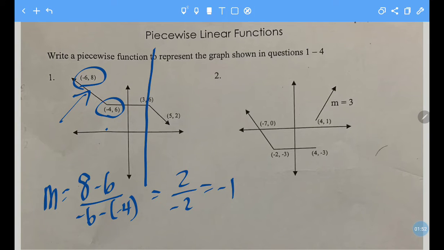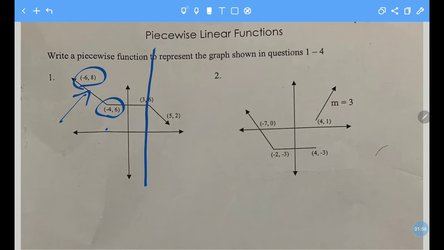I need some more room, so let me erase all this stuff. We have a slope of -1. Now I'm not sure what your favorite way to write a line is when you know the slope and a point. A lot of people like doing it this way.